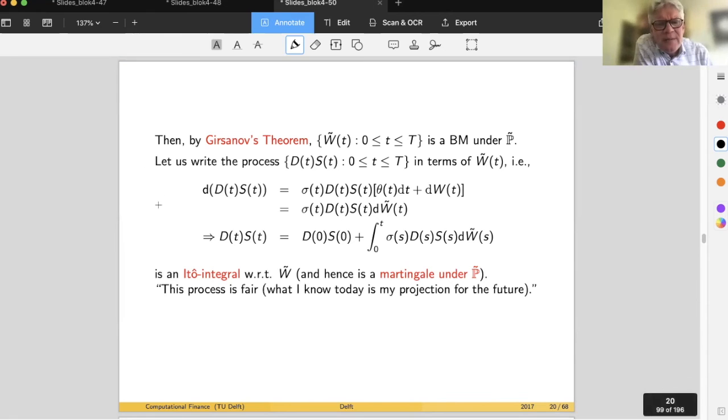And what this means is this process is fair, and fair is in the sense that what I know today, so S_0, is my projection for the future.